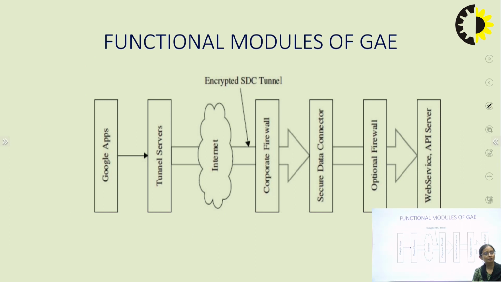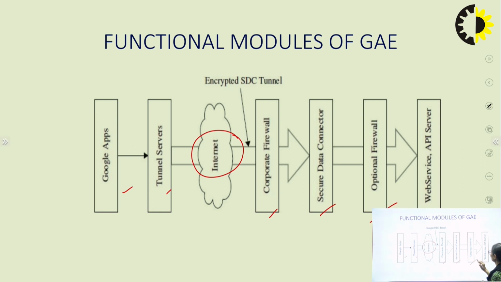Let's come to the next topic, that is, functional modules of GAE. So here we have Google Apps, then tunnel servers, and internet connectivity. Here we have the corporate firewall. From here the data goes to the secure data connector.